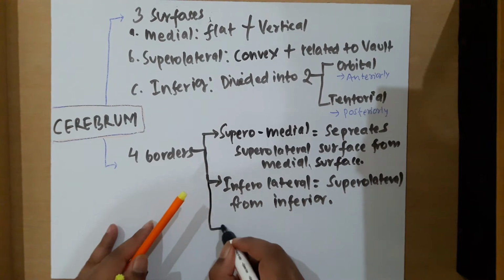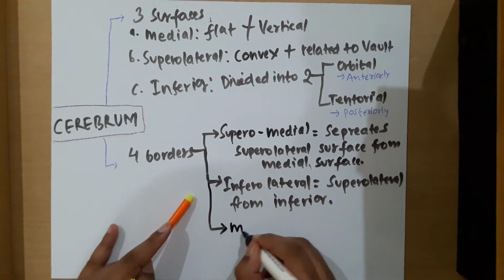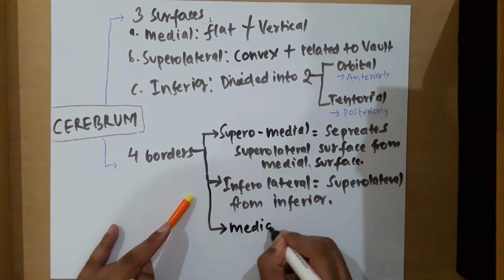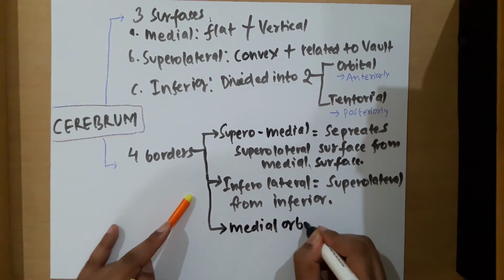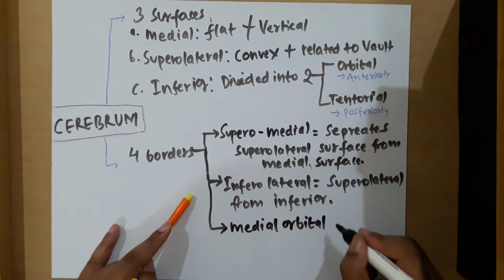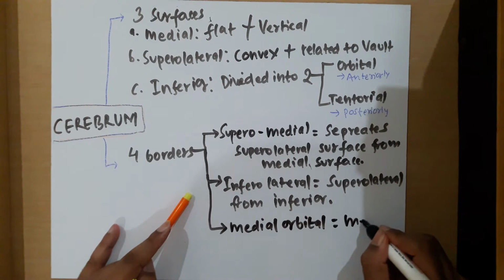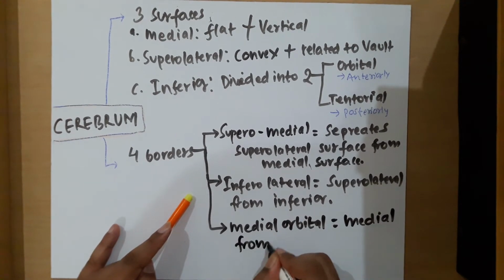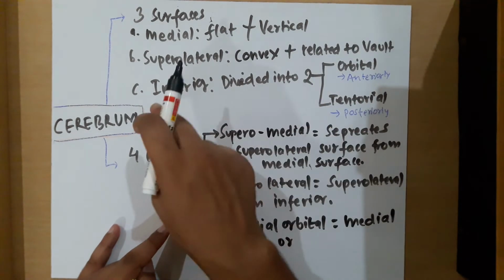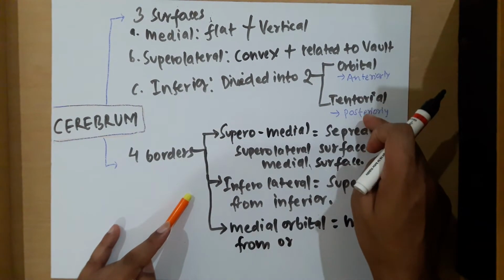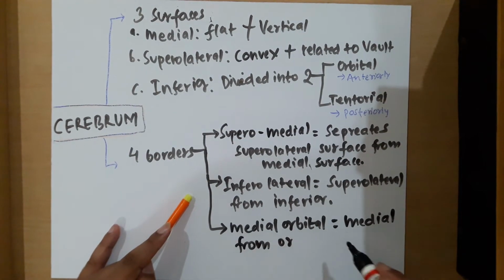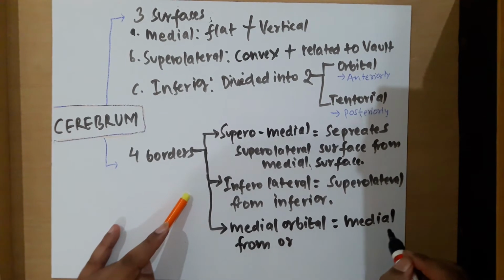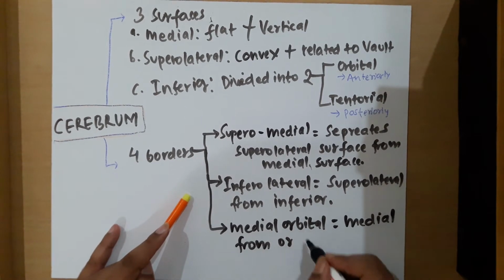The third border is the medial orbital border. This is separating the medial surface from the orbital surface. We discussed that the inferior surface is divided into orbital and posterior tentorial. So the medial orbital border is separating the medial surface from the orbital surface.